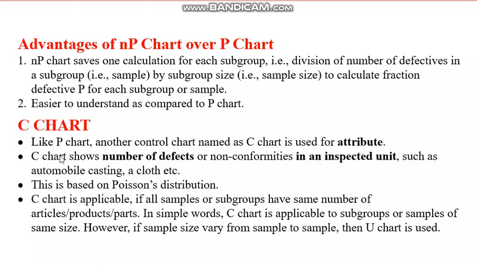Normally C chart is used where in one big piece many small defects can be there, like in an automobile casing, an automobile engine block, or chassis, or some such thing, or cloth also.